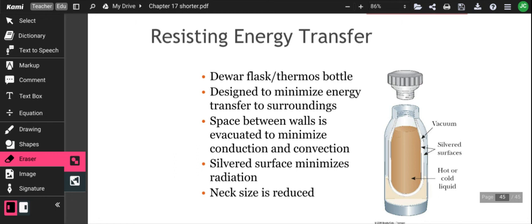The second thing is that there is a vacuum in it. That vacuum, the white area between the inner and outer wall, creates the ability to stop convection and conduction. If it's a vacuum, there will be no direct contact, and so that means that conduction and convection can pretty much be stopped. And so together, using these principles, we were able to create a pretty good thermos that will keep stuff either hot or cold.